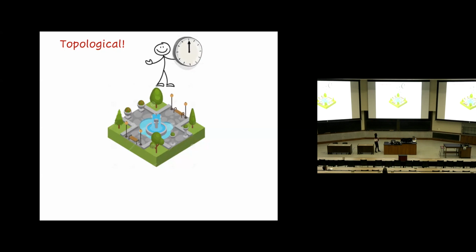So although at the beginning and the end this clock looks exactly the same, we saw the process. This hand actually rotates once. It winds once. So this is the case where we say it's topological, because our hand winds around once.